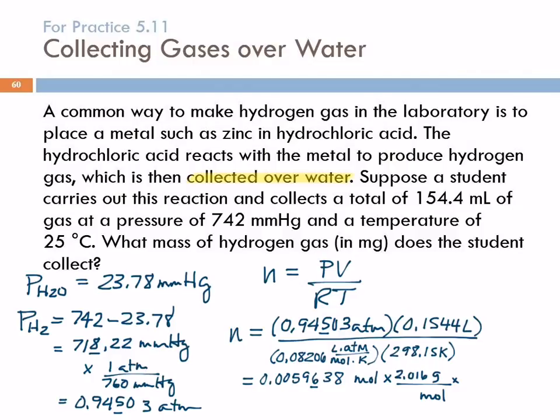Then grams down here, milligrams on top. 1 milligram is 10 to the minus 3rd grams, times 2.016. Oops, that's wrong. 12.0 milligrams.